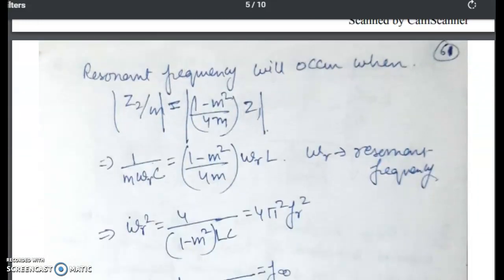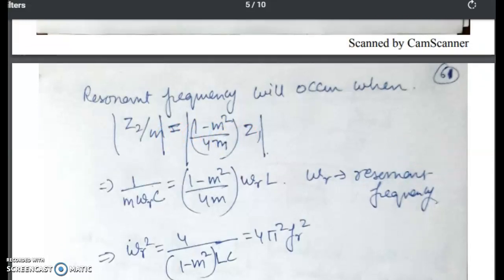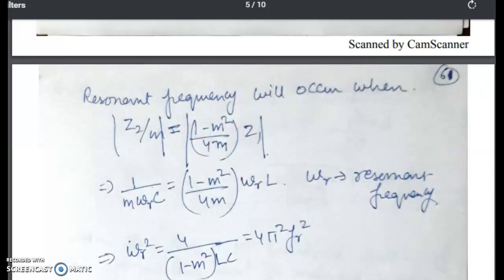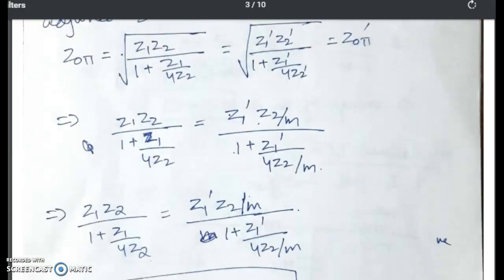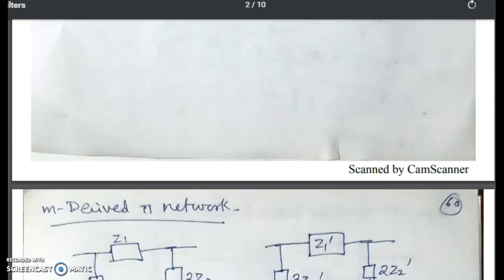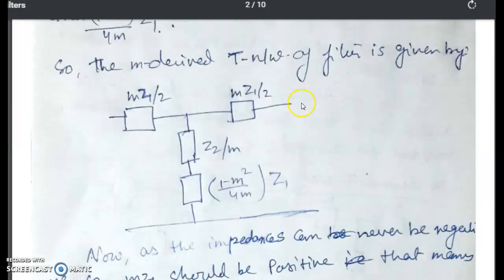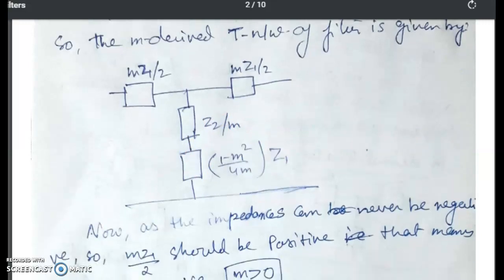So resonant condition will occur when Z2 upon M is equal to 1 minus M square upon 4M into Z1, as we see in the T network of the M derived filter. This circuit will enter in the resonant condition when this reactance Z2 upon M is equal to the reactance of this inductor, 1 minus M square upon 4M into Z1.